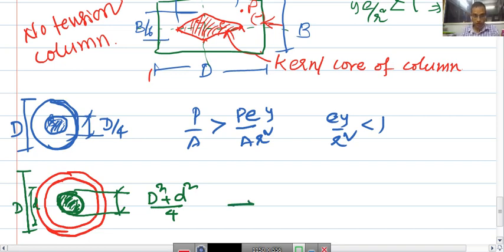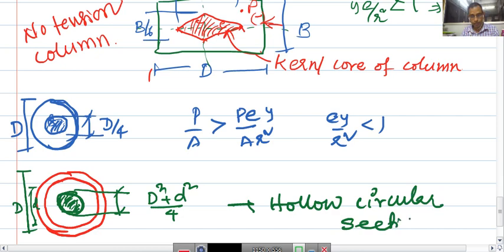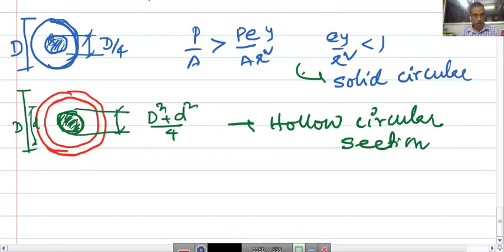This is for the hollow circular section, and the earlier one is for the solid circular section.